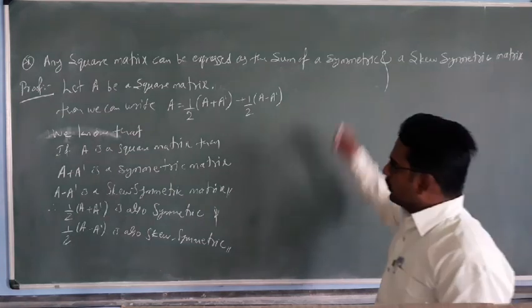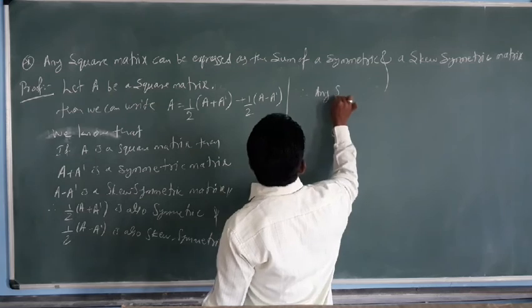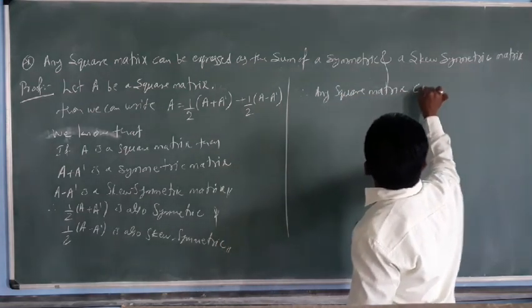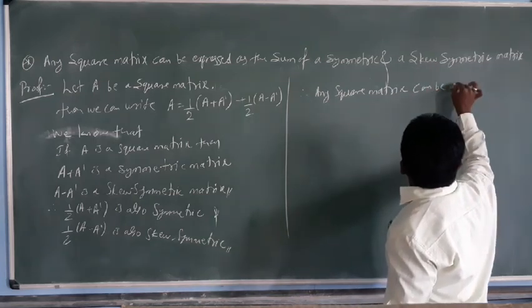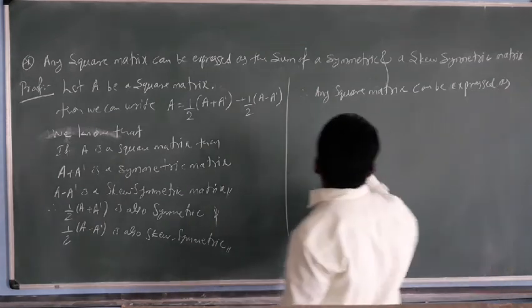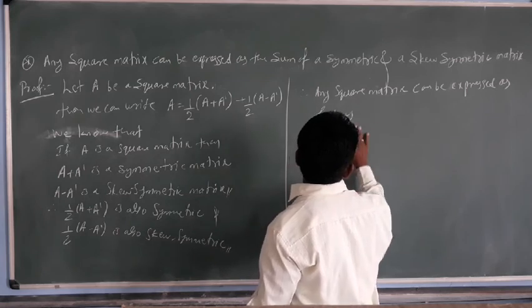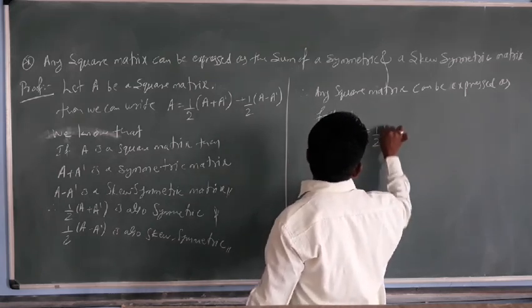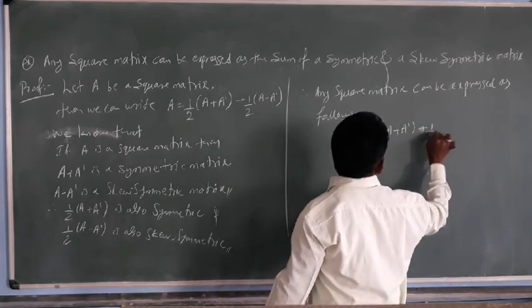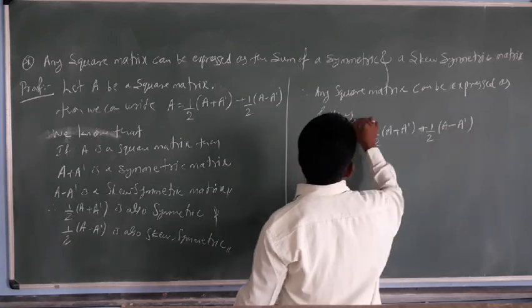Therefore any square matrix can be expressed as follows: A equals 1 by 2 into (A plus A dash) plus 1 by 2 into (A minus A dash).